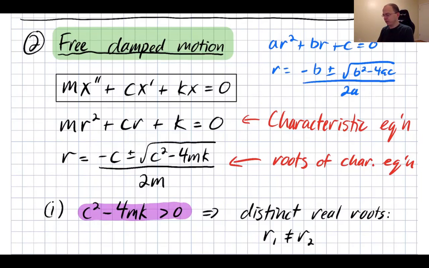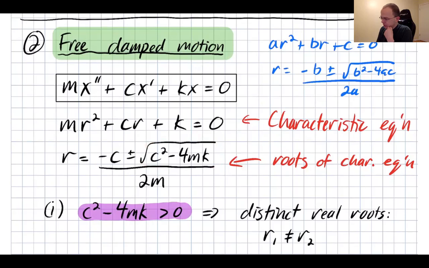It wouldn't be possible in this case to have repeated complex roots, since that would require a polynomial of much higher degree. So we only have three cases to worry about: real distinct roots, real repeated roots, and a complex pair of roots. This all depends on what's happening in the square root term.